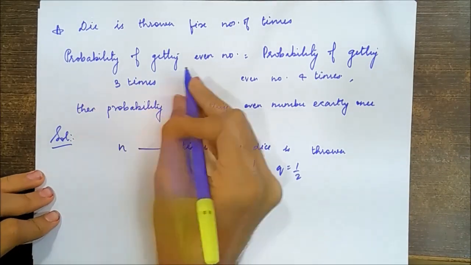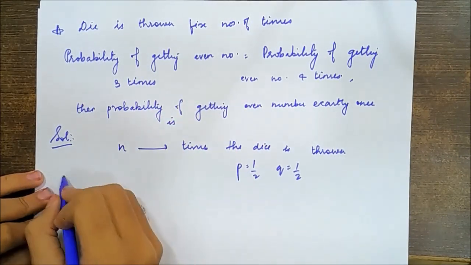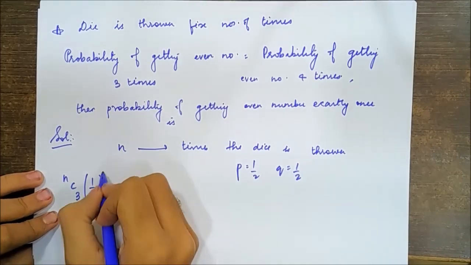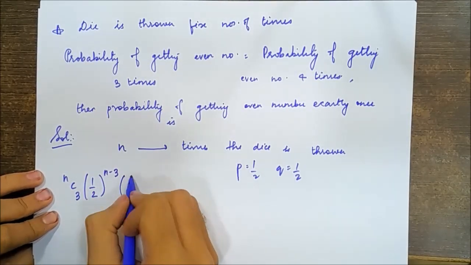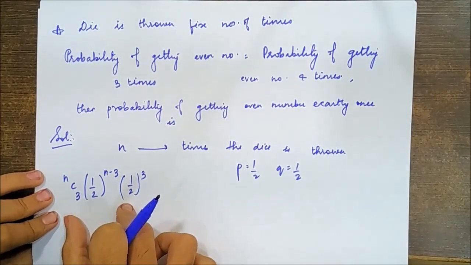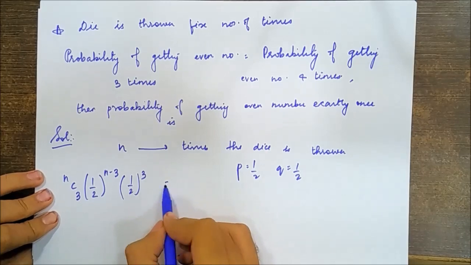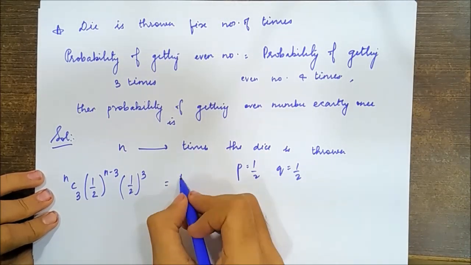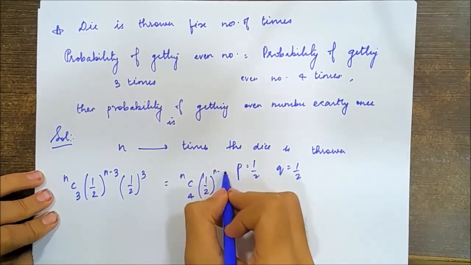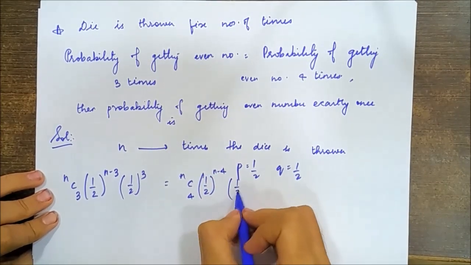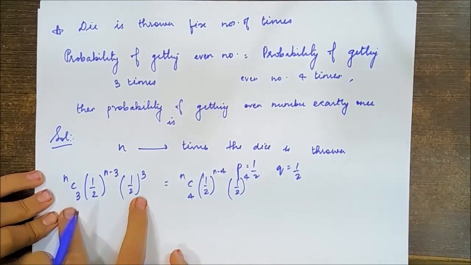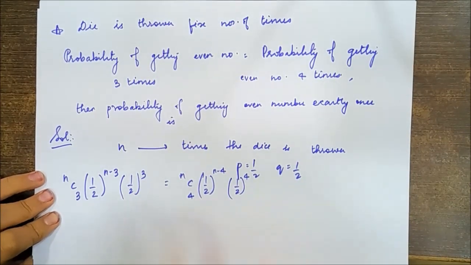So the probability of getting an even number 3 times is nothing but nC3 (1/2)^(n minus 3) (1/2)^3, and this is equal to nC4 (1/2)^(n minus 4) (1/2)^4. So this is the probability of getting an even number 3 times, and this is the probability of getting an even number 4 times.